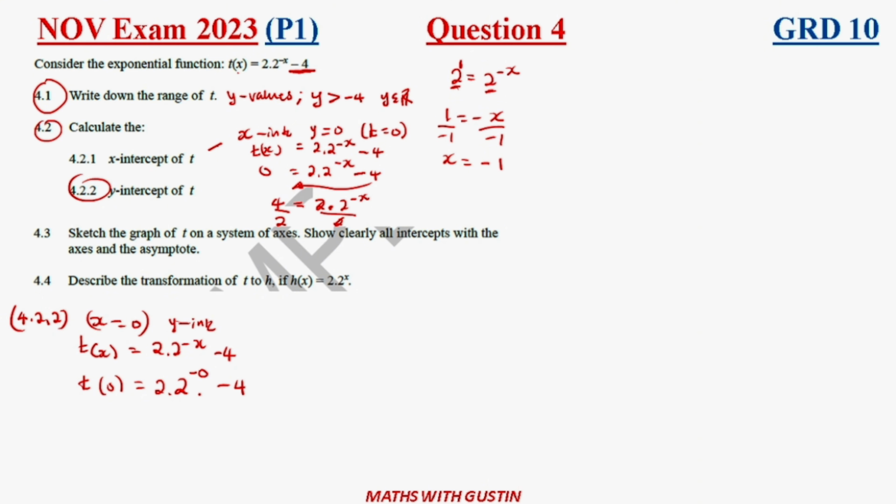Anything to the power of 0 is equal to 1, you should know this by now. So this will be 2 times 1 minus 4. 2 times 1 will give us 2, and 2 minus 4 will give us minus 2. Therefore this is our y-intercept, which will be given by the coordinate (0; -2), and here also the x-intercept is going to be the coordinate (-1; 0).